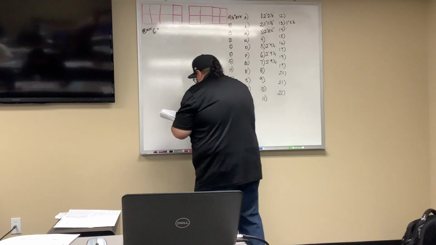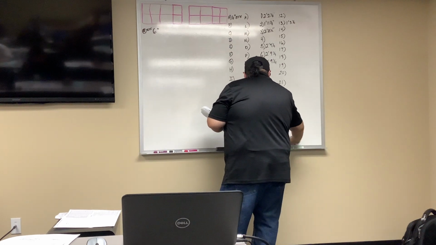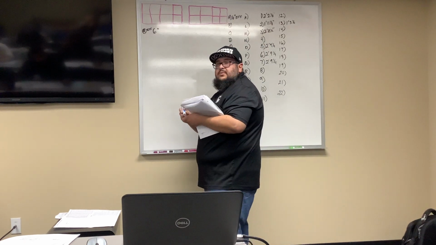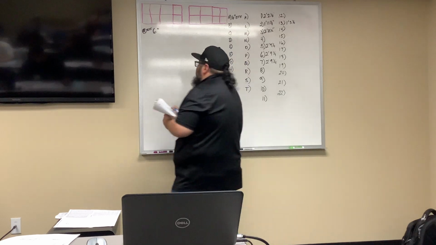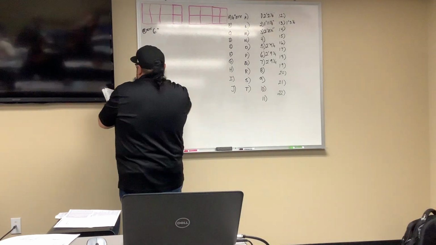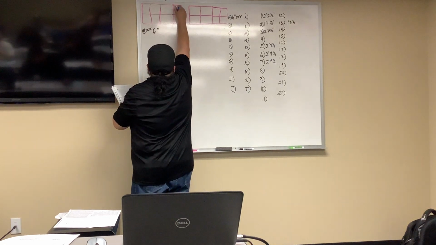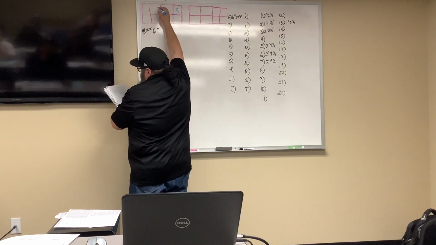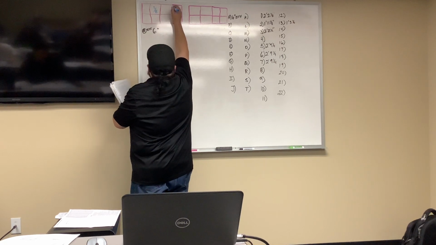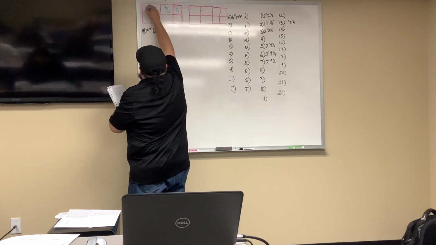Okay, so now I'm going to give you guys a crude way of how we calculate grade. You might remember this from class. So we have 1/4 of an inch, 1/8, 3/16, and 1/16.